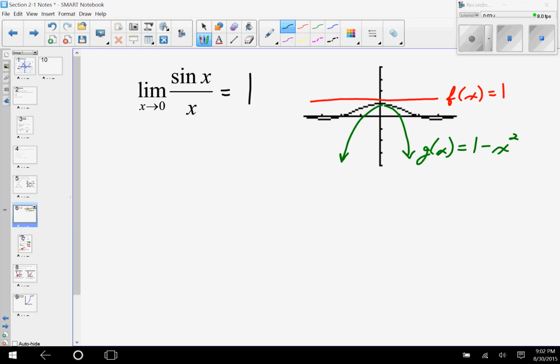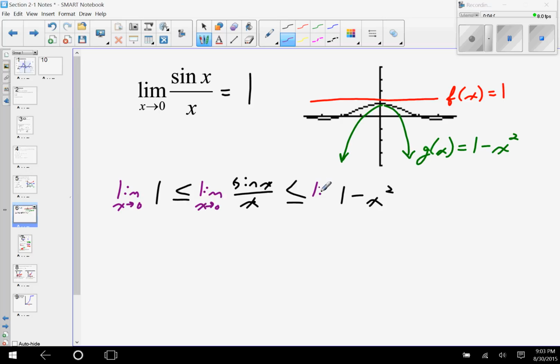Now, the reason I chose those is because of their limits. So, kind of continuing my work algebraically, I know that 1 minus x squared is less than or equal to the sine of x over x, which is going to be less than or equal to 1. Well, this means that when I take the limits as x approaches 0 of each of these, and the limit is an operation, so if I do it to one of these, I have to do it to all of them.